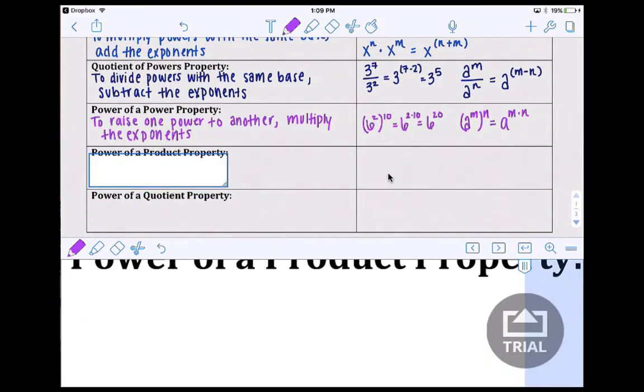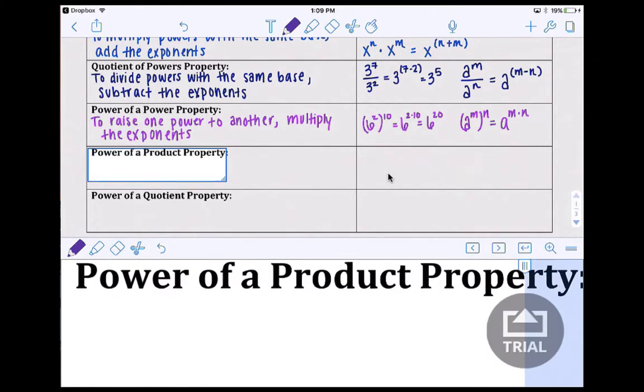Now here's kind of the distributive property of exponents, but they call it the power of a product property.